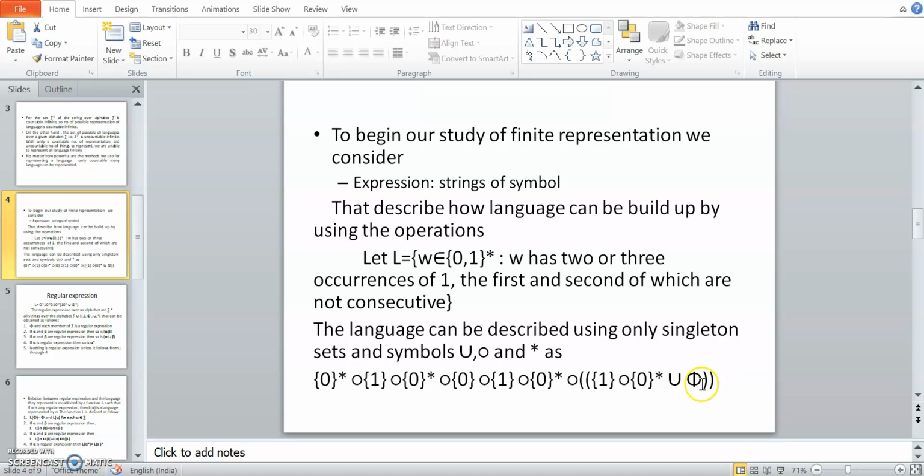Or sometimes there may be a 5. 5 is for such cases: if that string contains only 2, then this will be 5. Or it may contain more than 1, meaning 2 we can say. Right? So this could be written like this by using union, concatenation or star operation.